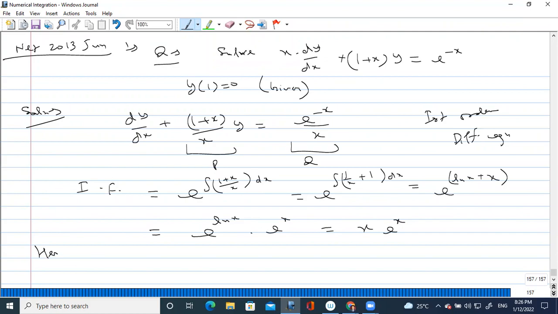Hence the solution will be y into integrating factor equal to integral of q into integrating factor dx plus c. By this you can find out. Okay, note down this.